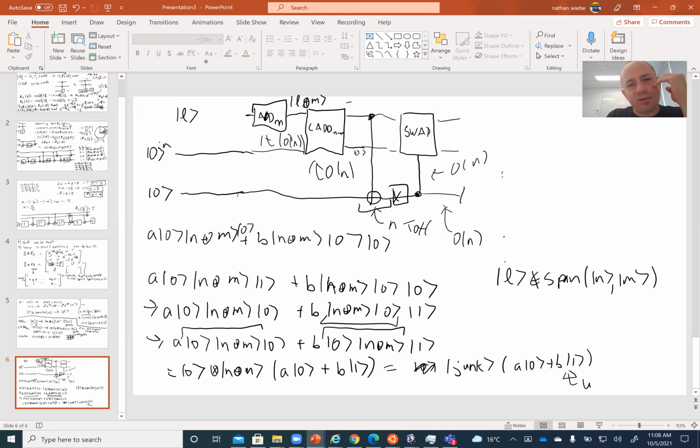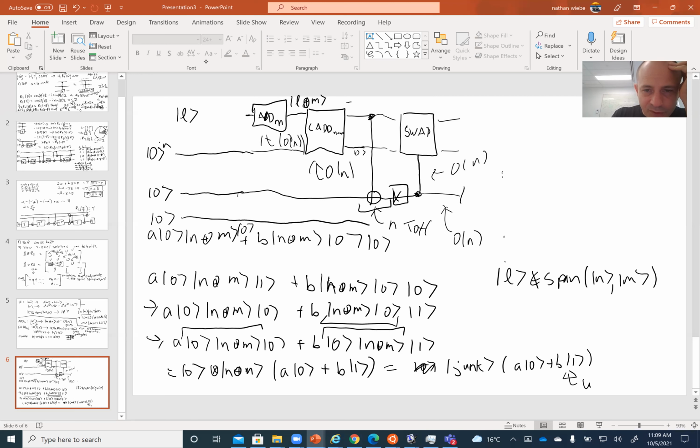Now, in this case, it can't ever possibly be 0, but L exclusive or M could be n. And so what we would like to do is build a circuit that will flip a flag qubit, an extra flag qubit that we're going to keep down at the bottom.